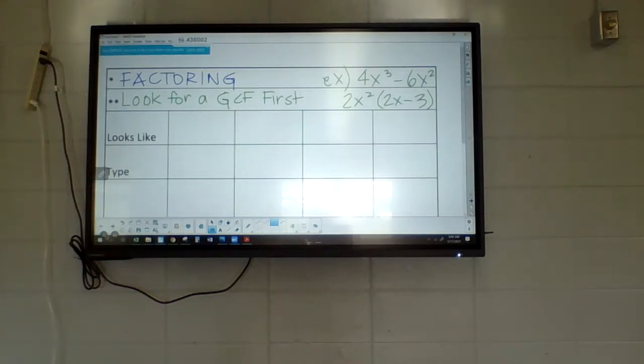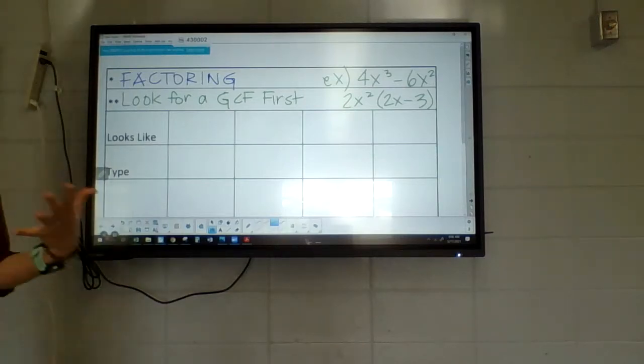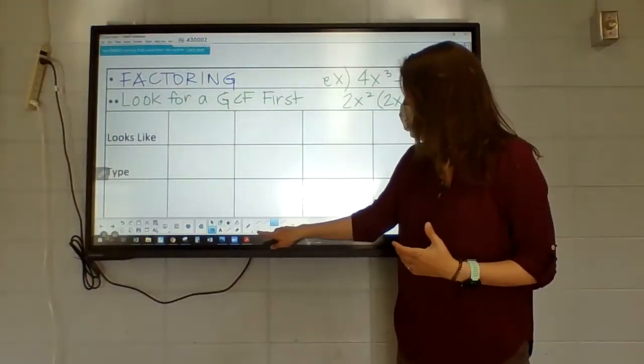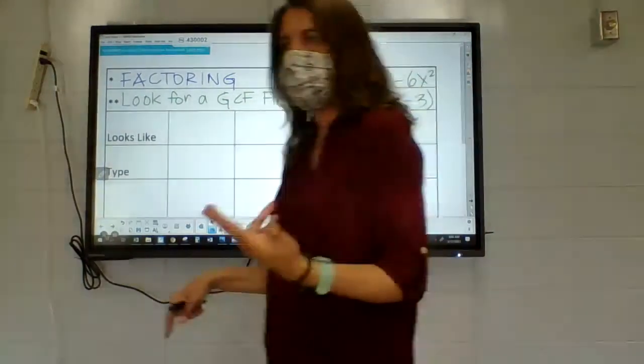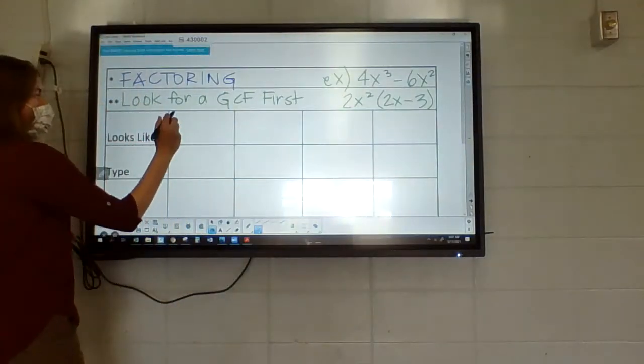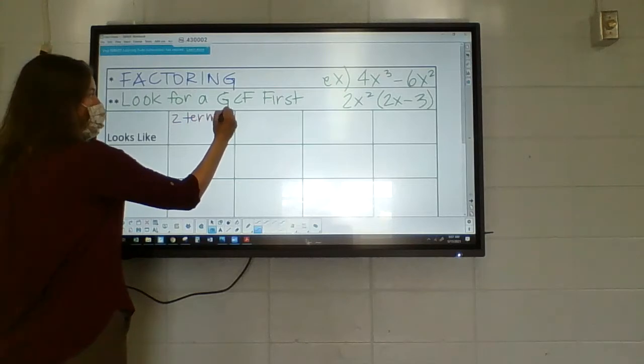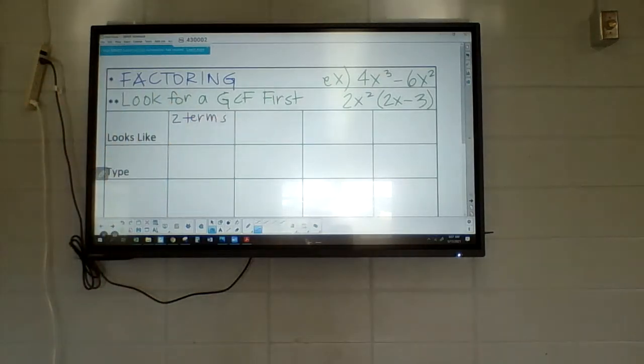For the different types of factoring, I'm going to try to give you what it would look like. So if you saw it, you'd be like, oh yeah, that makes sense, I expected that to be the case. The first one we're going to talk about is difference of squares. The main clue with this one is it's two terms, but it also needs to be subtraction.